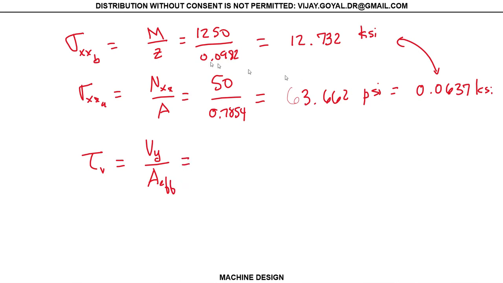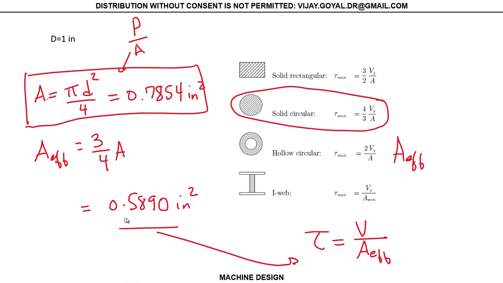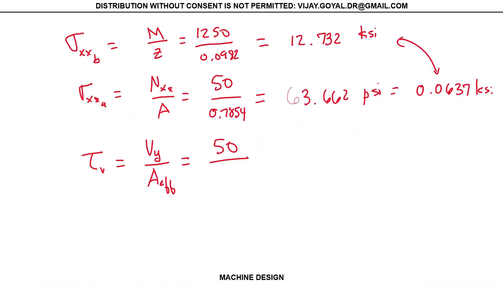And that value, this was 50, and the area effective is 0.589, and you get a value of 0.0849 KSI. Again, see the contribution of the shear is very, very small.